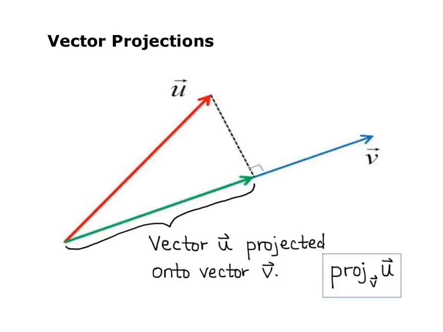The way we write that is proj, then a subscript with vector v, and then vector u in normal font. So it's u onto v. That's how I remember which one's the big one and which one's the small one. V is small as a subscript because u is going onto v. Now this angle always has to be 90 degrees in order to do a vector projection.